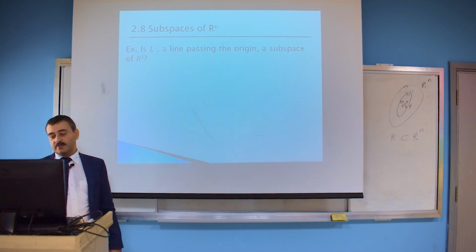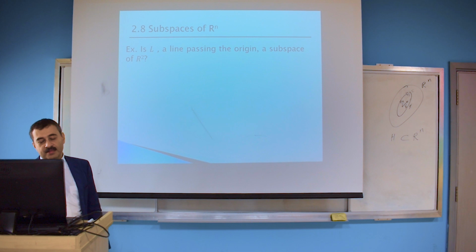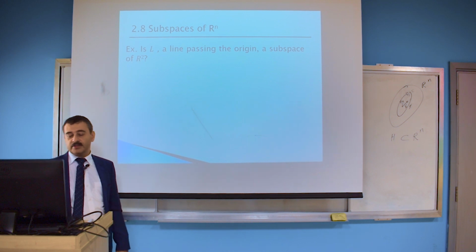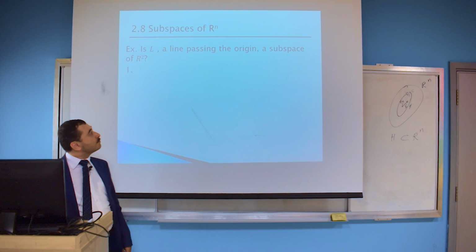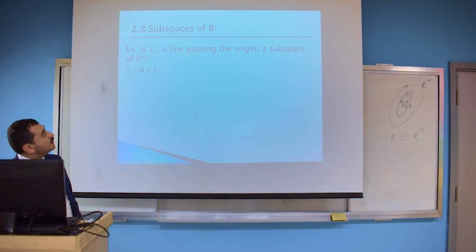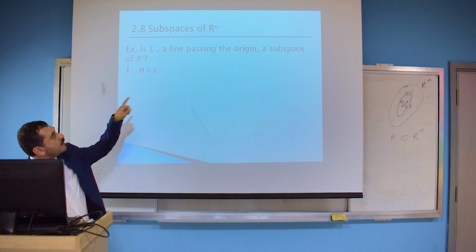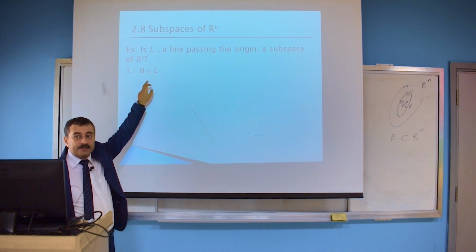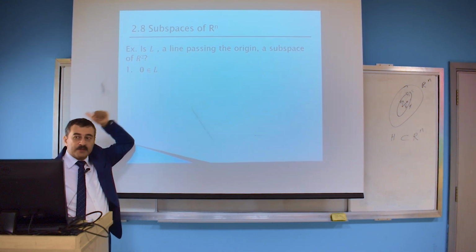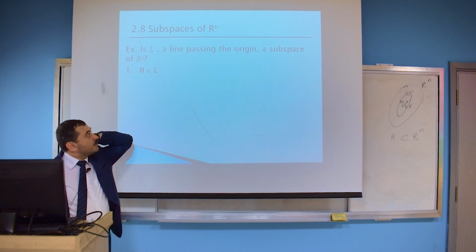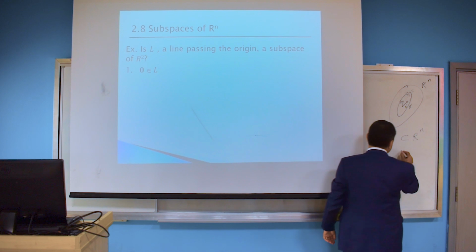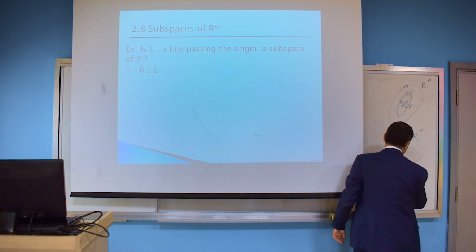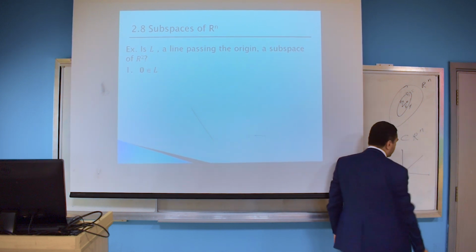So let's see an example. Take any straight line passing through the origin and check if it is a subspace of R2 or not. If it is passing through the origin, then the 0 belongs to the line, so it satisfies the first condition. What about if you take two vectors on the line? You have a certain line in R2 passing through the origin.